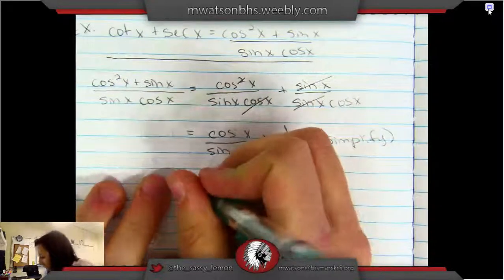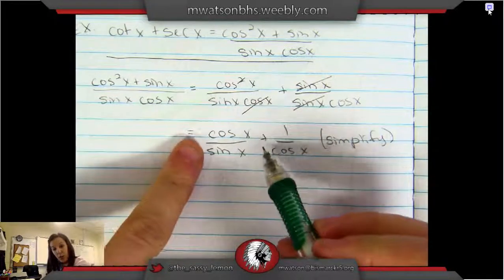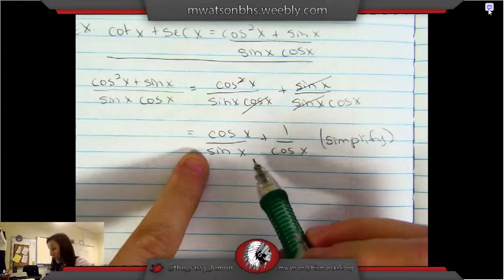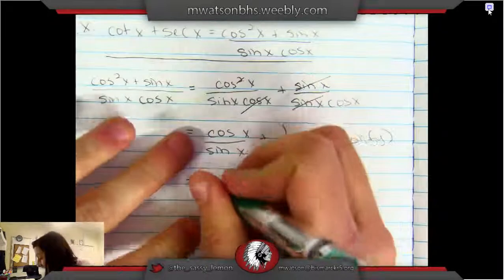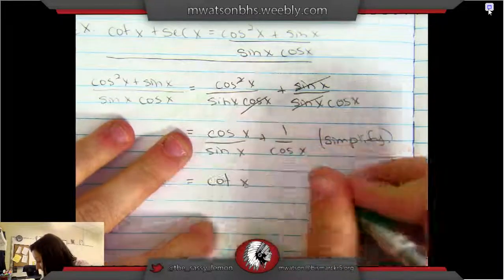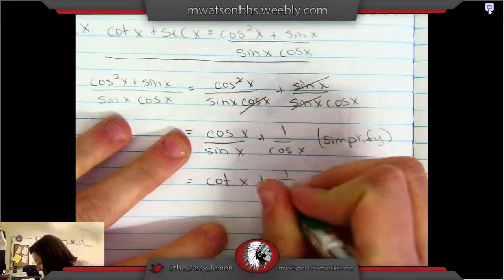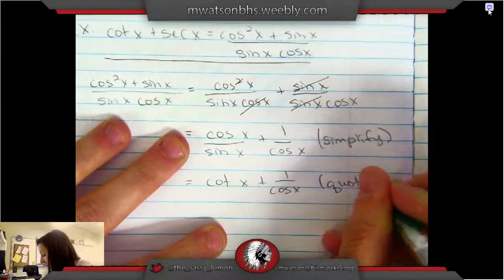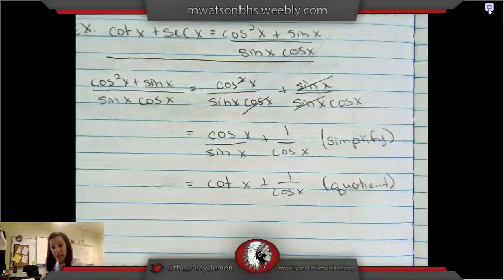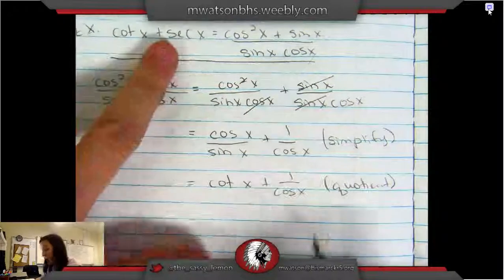Okay, so first I'm going to change this guy, cosine over sine, into cotangent, because quotient identity, and that's what we're looking for. So you've got cotangent of x plus 1 over cosine of x, and there we use the quotient identity. Last step, we want a secant, we have a 1 over cosine.